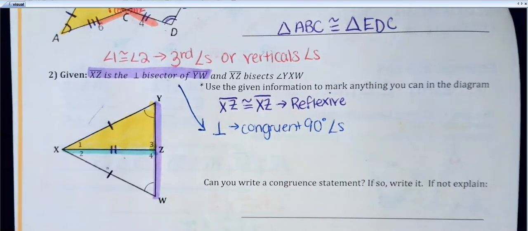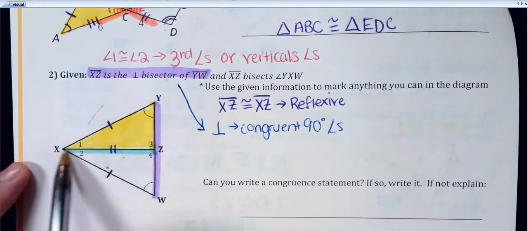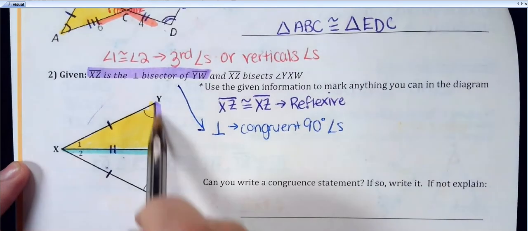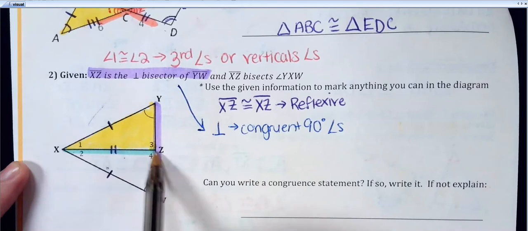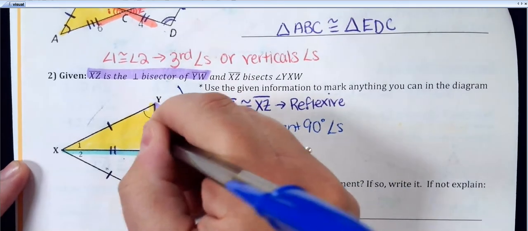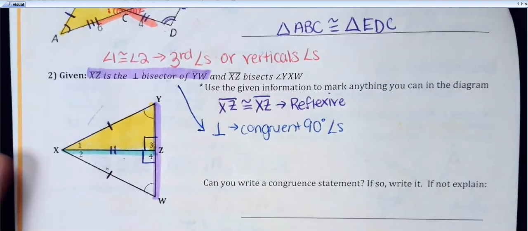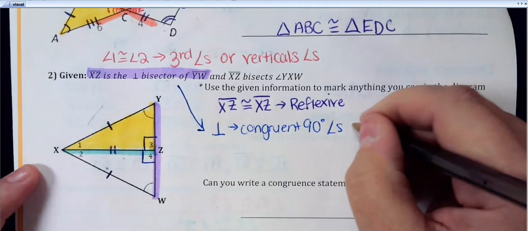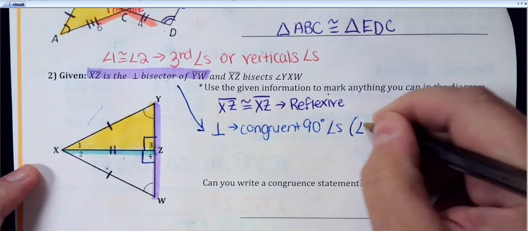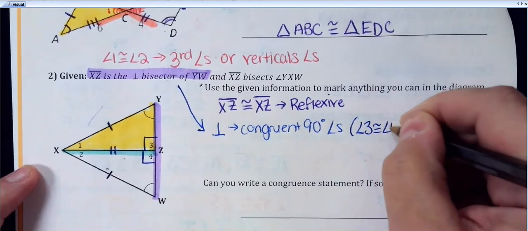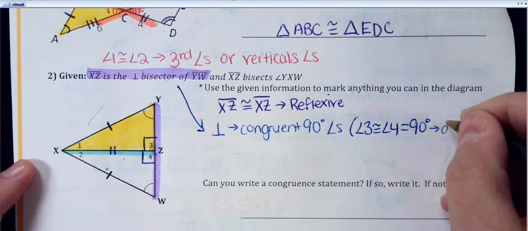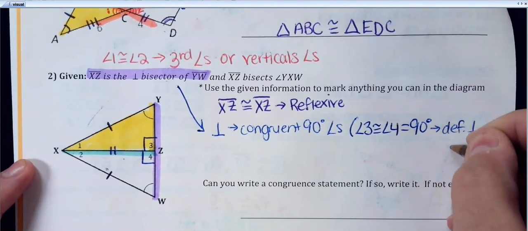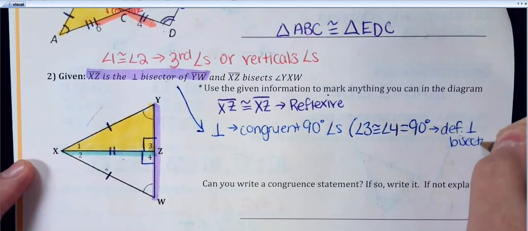In this particular diagram, XZ is the perpendicular bisector of YW, and that's going to force the angles where I have the 3 and the 4 to be congruent. So here I could say angle 3 congruent to angle 4. They're both equal to 90 because of that perpendicular. My justification is definition of perpendicular bisector.